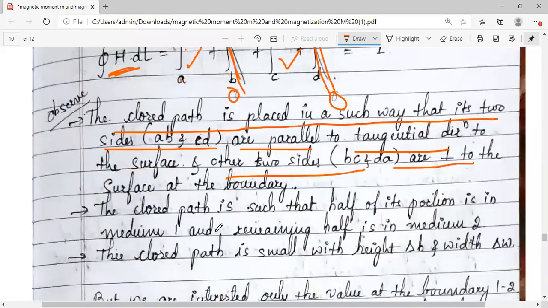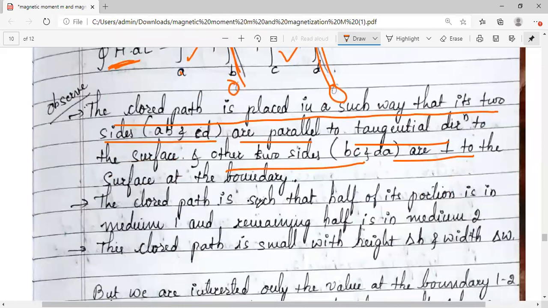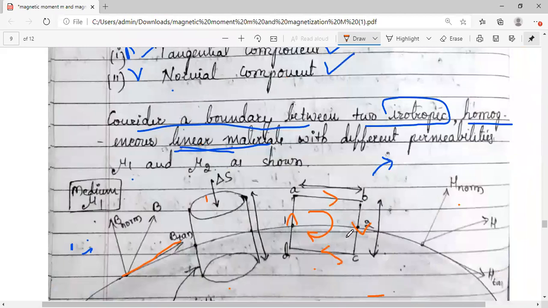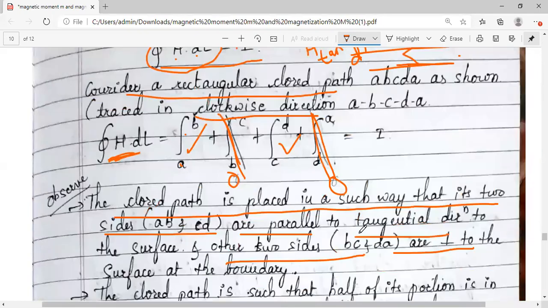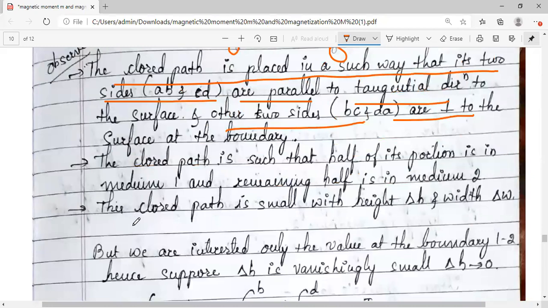This is one thing. Now, the closed path is such that half of its portion is in one medium and the remaining half is in the other medium. You can observe here, यहाँ पे half part is in medium 1, half part is in medium 2. We have placed the loop in such a way. Okay, with this what will happen?